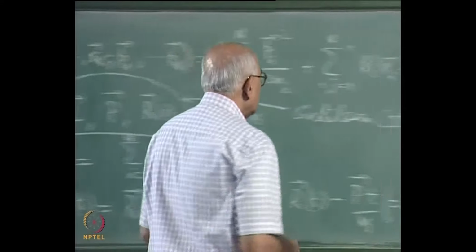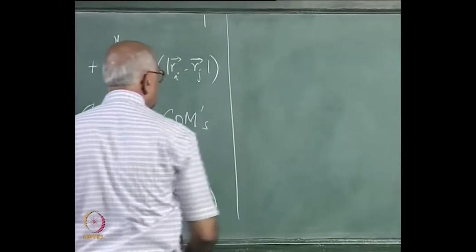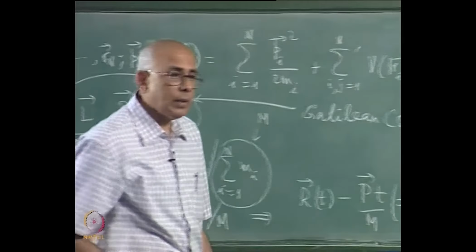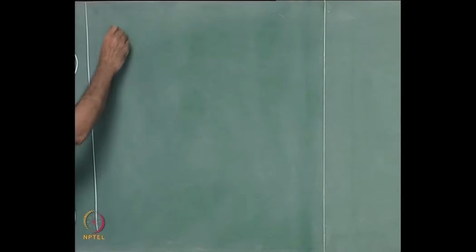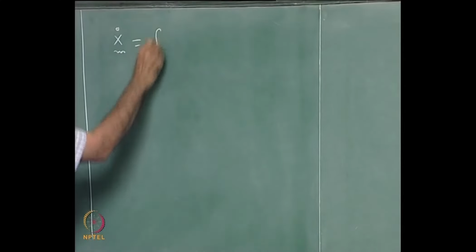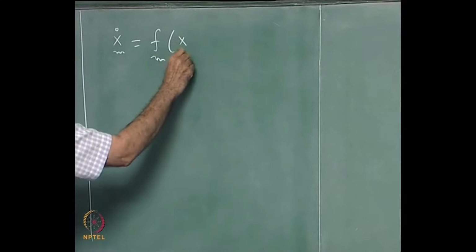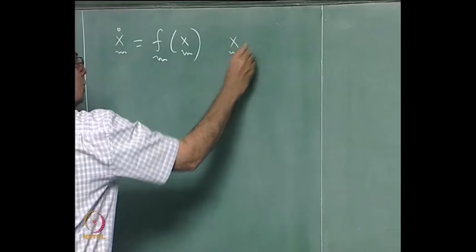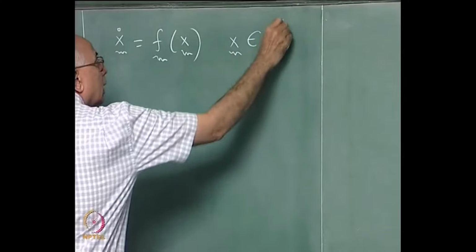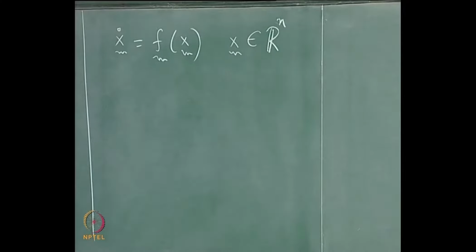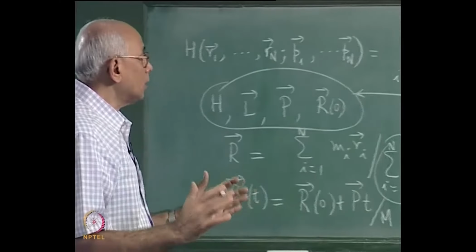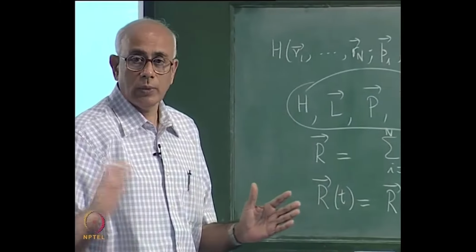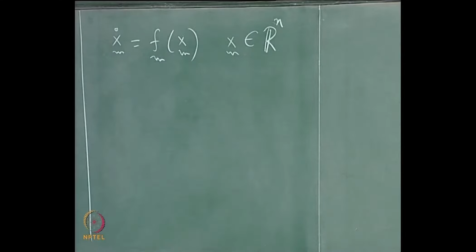So I go back now all the way and look at differential dynamics, which if you recall was of the form x dot equal to a given vector valued function f of x, where x lived in some space which is say n dimensional Euclidean space. I write it in this form, just as an ordered set of n tuples of numbers x1, x2, x3 up to xn, and this is the kind of dynamical problem we have to look at.